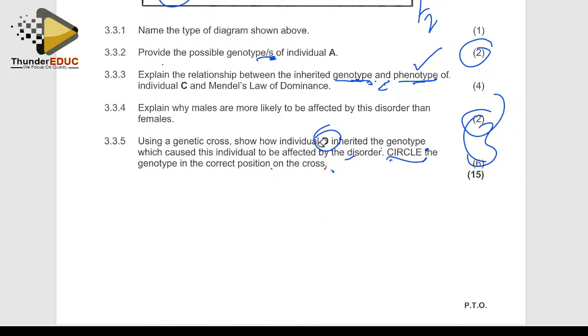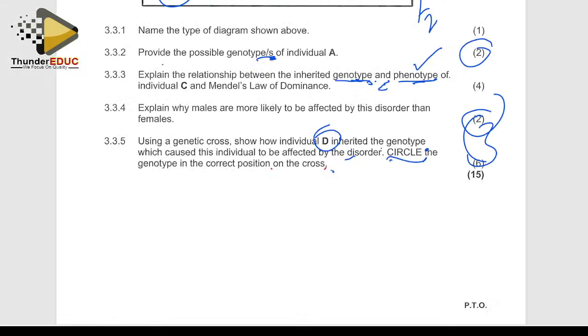They're saying use the genetic cross to show how individual D inherited the genotype which caused this individual to be affected by the disorder. They're not asking about individual C. Individual C was mentioned up here.